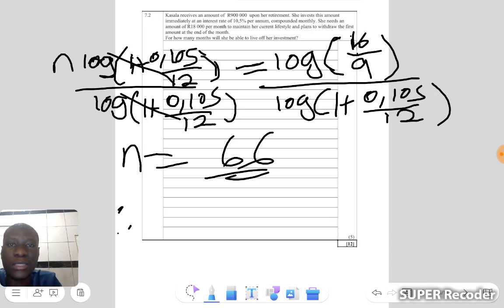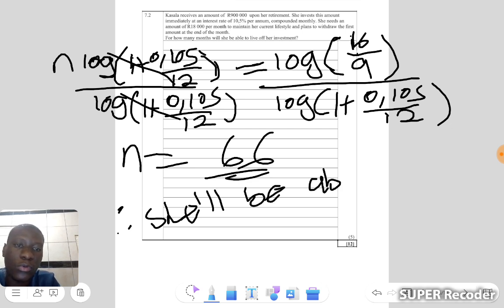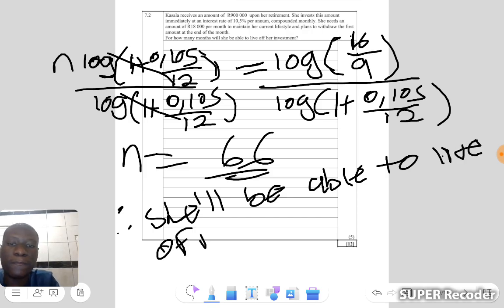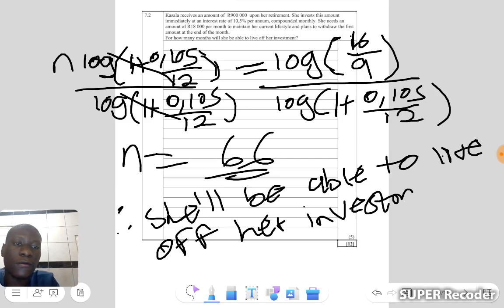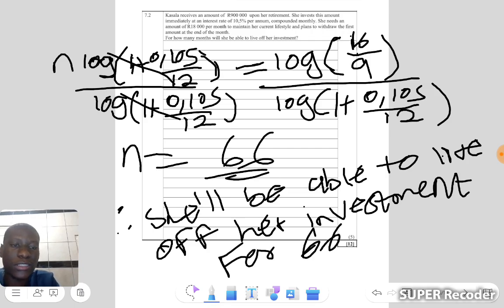Therefore, she will be able to live off her investment for 66 months.